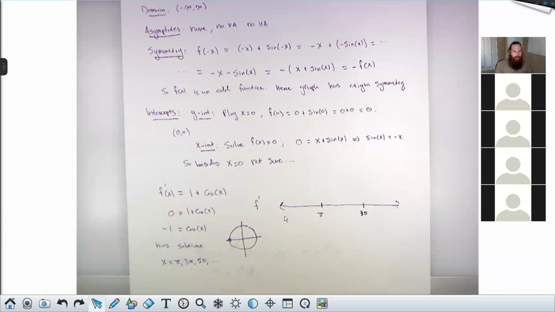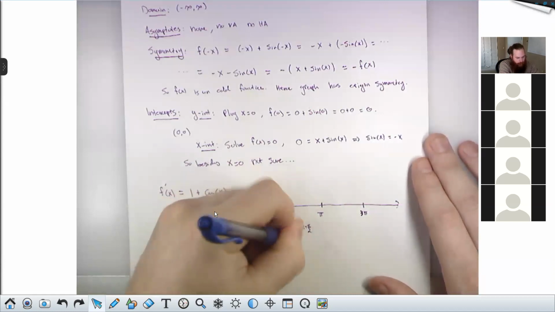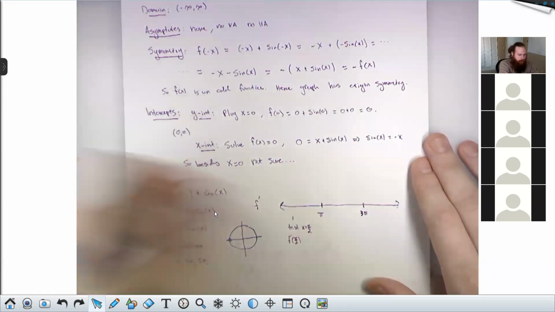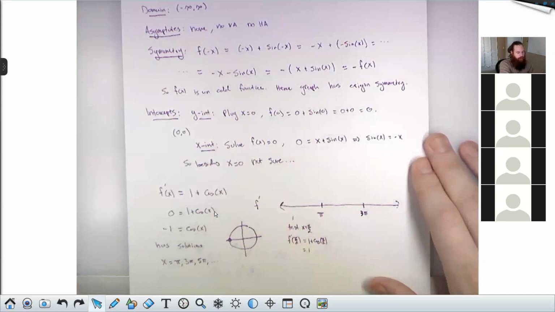If I test something to the left of pi, like pi over 2, the cosine of pi over 2 is 0. So here I'll test x equals pi over 2. F prime of pi over 2 is 1 plus cos pi over 2, which is 1, because the cos of pi over 2 is 0.